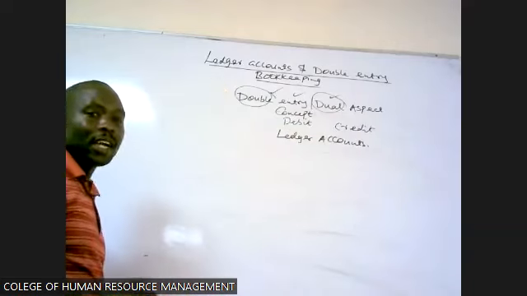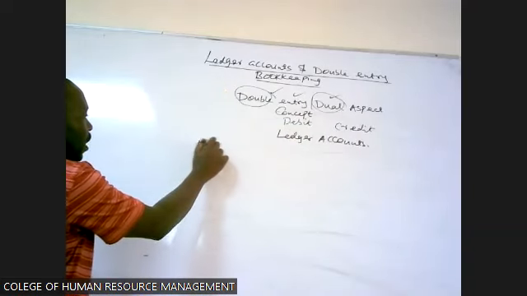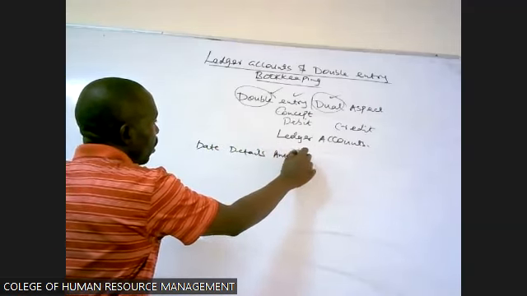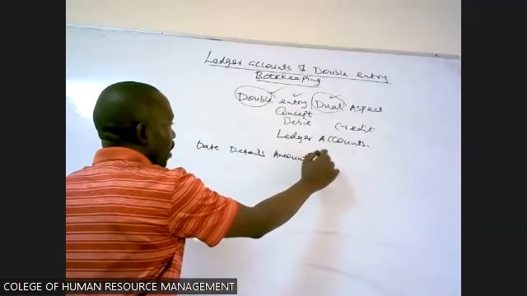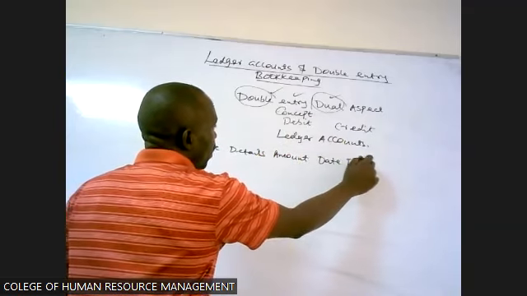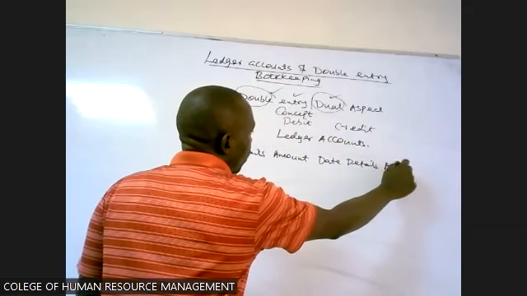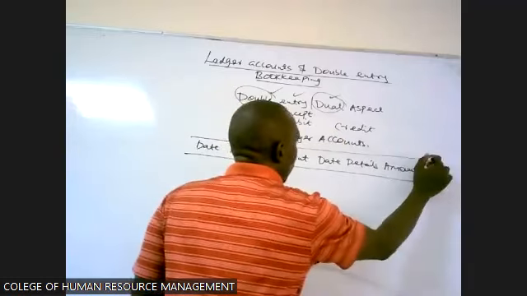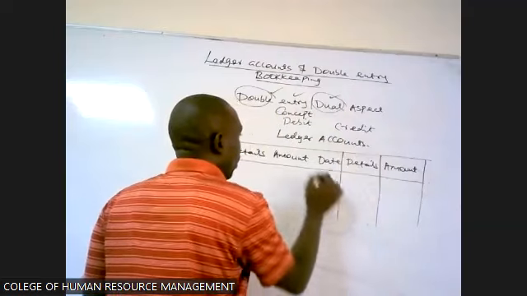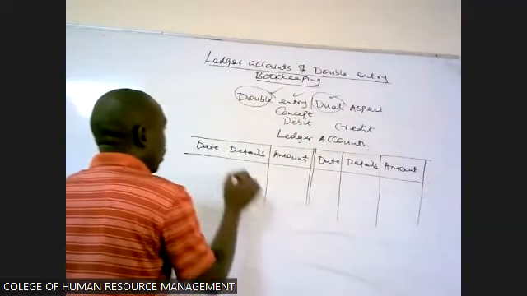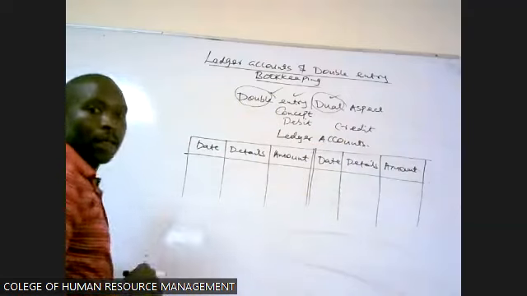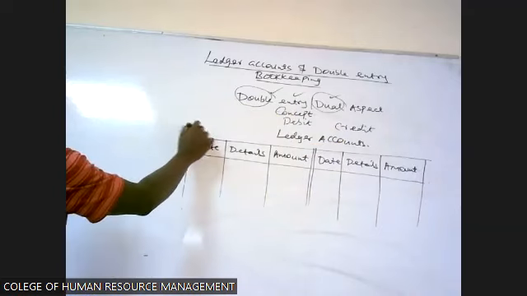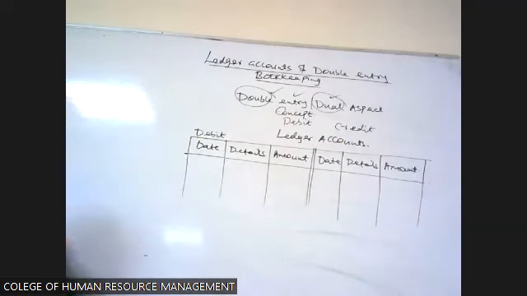Ledger accounts, the standard ledger account has the following columns: the date, the details, and the amount. The same are repeated on the other side: the date, the details, and amount. From where I have my double lines to the left, this is the side we are talking about as the debit side.